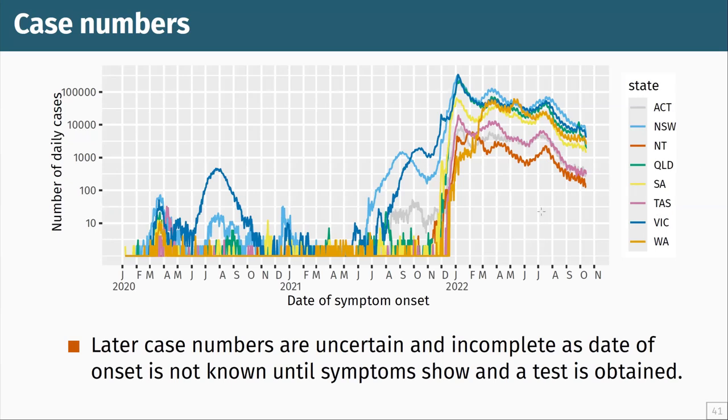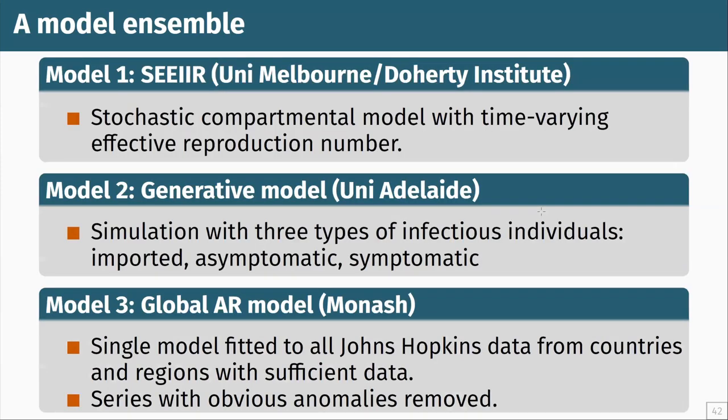There were lots of problems with the data set, and so a lot of estimation went on to try to reconstruct what the numbers really were because of incomplete testing or delays in reporting or various other things. So we built 3 different models. One was a classic epidemiological model called a SEIR model.